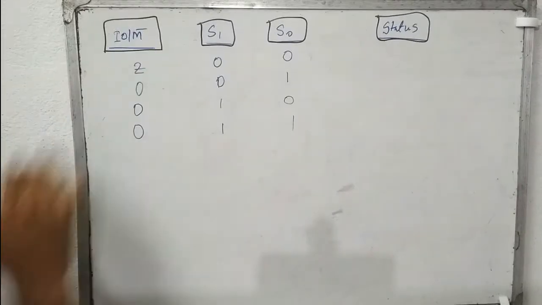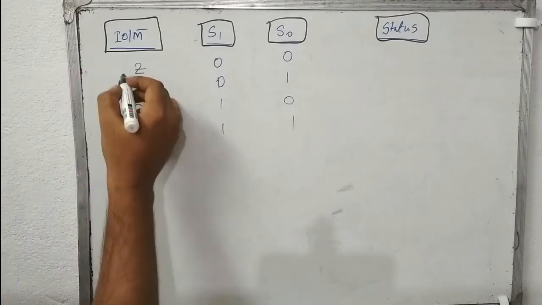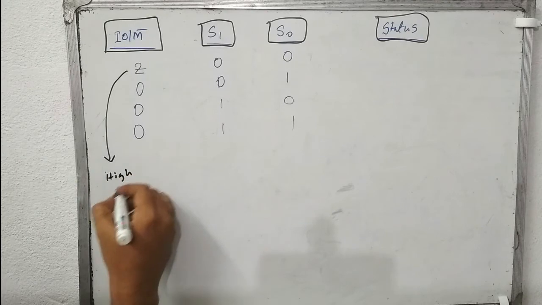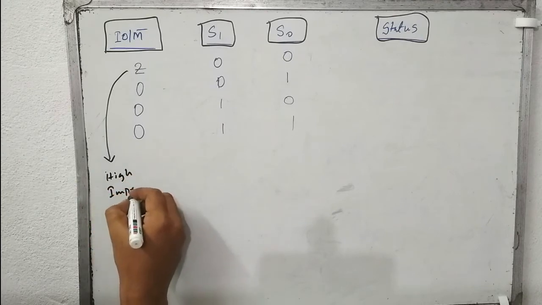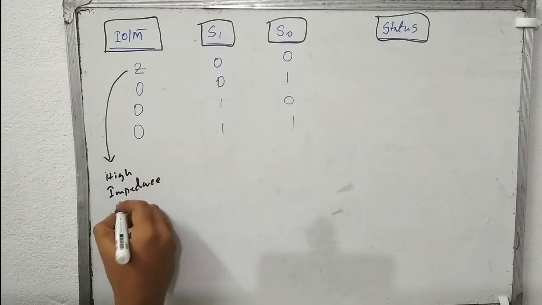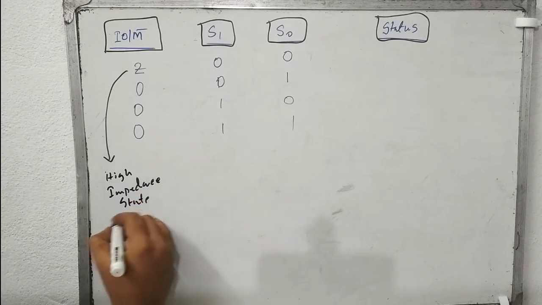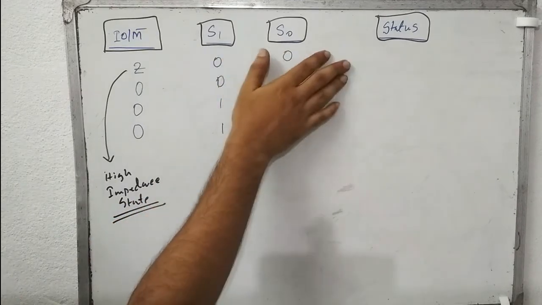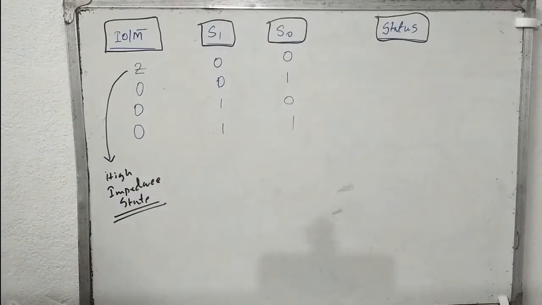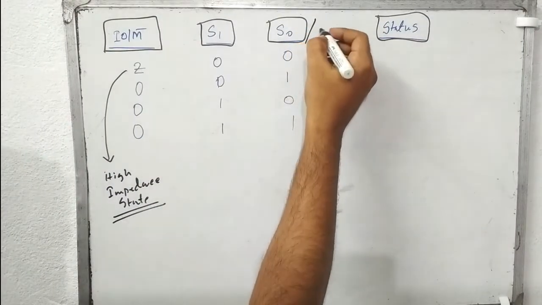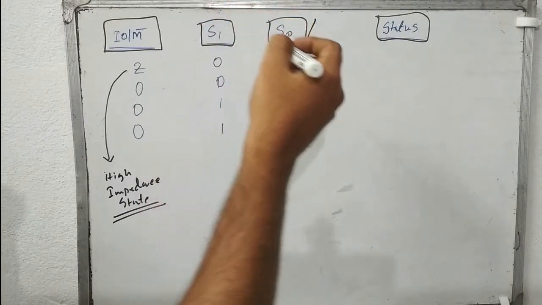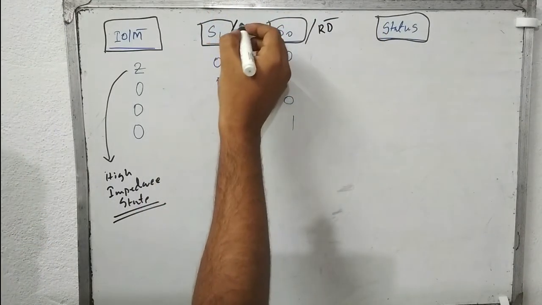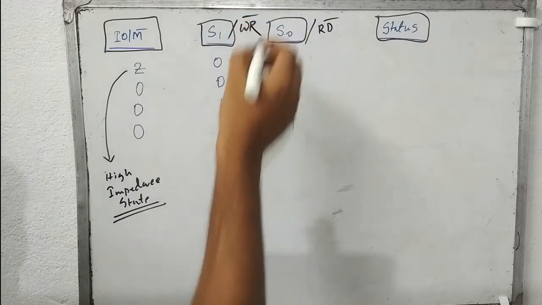As you can see, this is a Z here. I have put this to mean high impedance state. As you can see, 0 0. So this S0 is quite relevant to the read operation, and this S1 is quite relevant to the write operation.